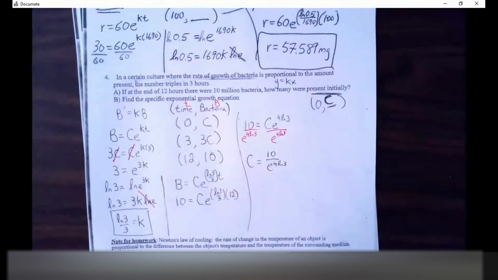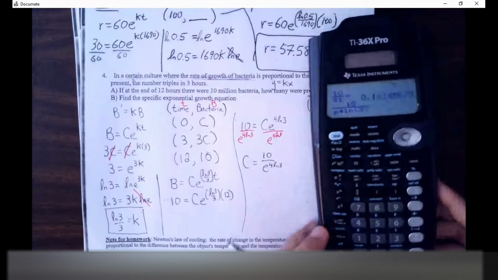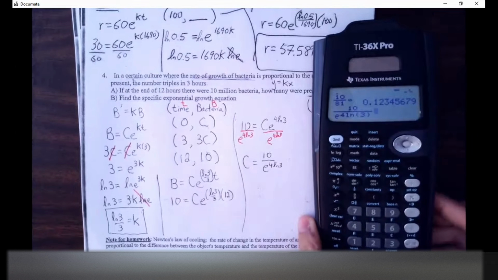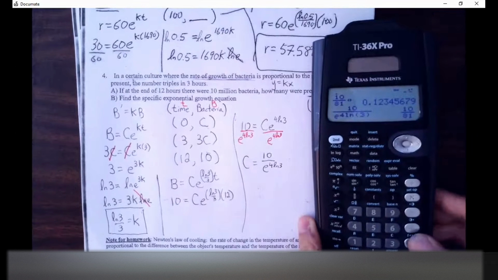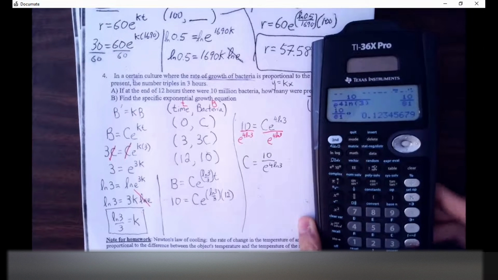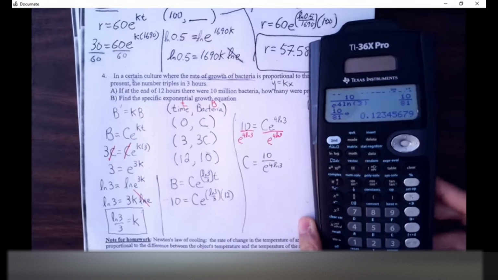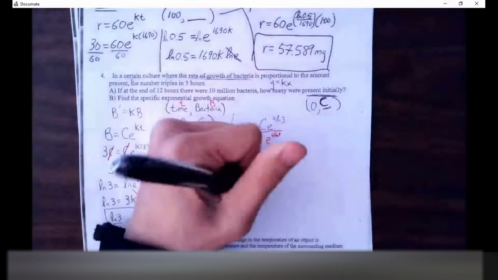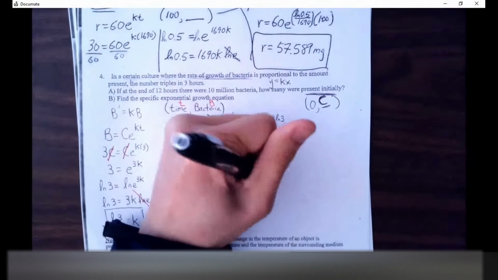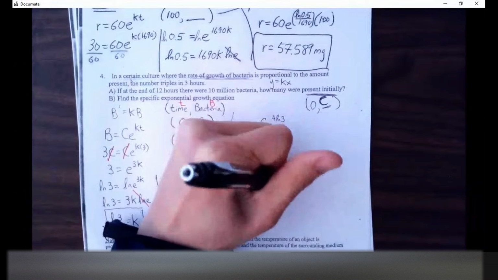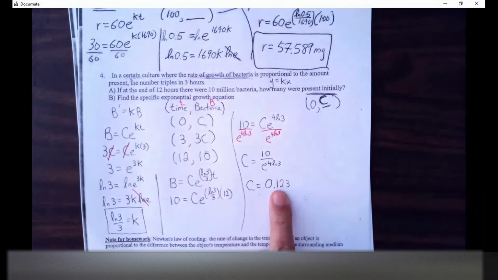10 over e to the 4 ln 3. If I put this in the calculator, I get 10 over 81. Convert it to a decimal, I get 0.123. So my c, my initial number of bacteria, is 0.123, but we do know that this represents a million, right?